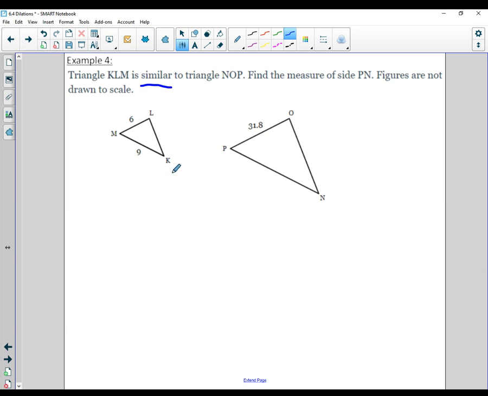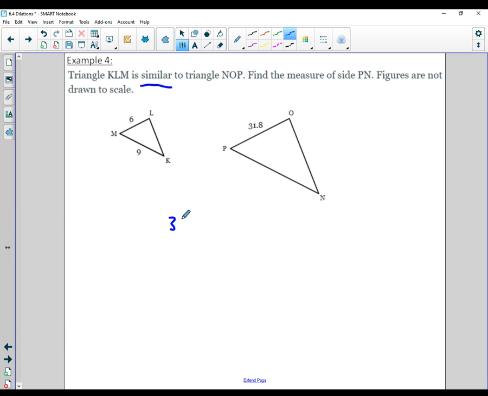So what I've done, much like the other ones, is if this was dilated to be bigger, that means I took this 6 and I multiplied it by something to get 31.8. And that's our scale factor, right? What we multiplied by was called our scale factor. And now to figure out what that scale factor is, we have to figure out what multiplies by 6 to get 31.8.